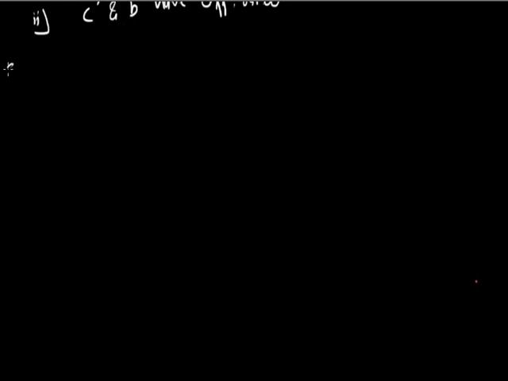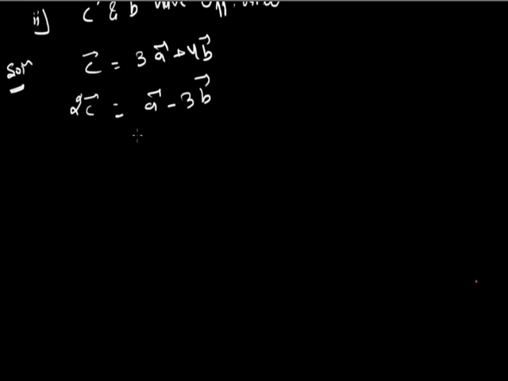Now let's start with the solution. Given that c vector equals 3a vector plus 4b vector, and 2c vector equals a vector minus 3b vector. By these two equations, 6a vector plus 8b vector equals a vector minus 3b vector.